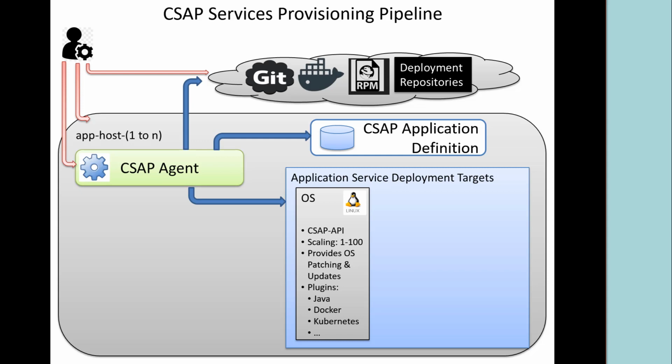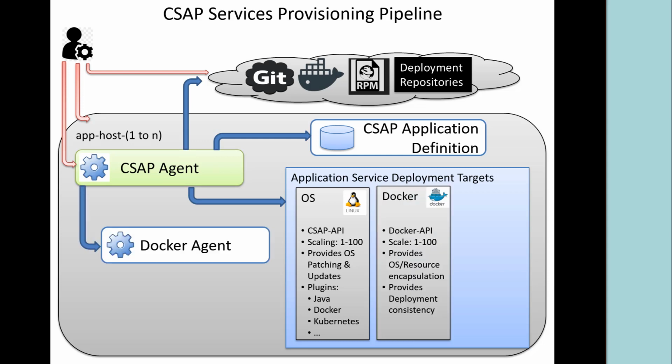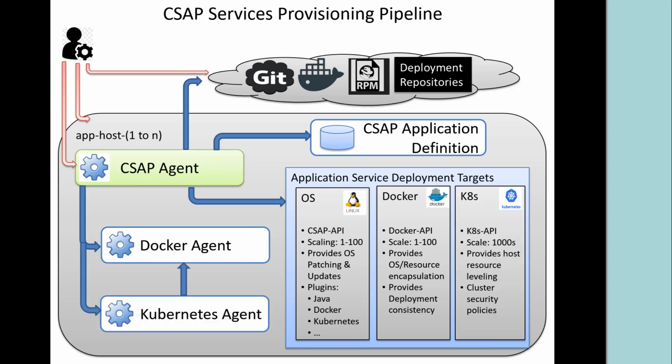When the agent starts up, it may either create the default definition or connect to an existing Git to load the target definition. Using the definition, the CSAP agent then will deploy all services associated with the host. For Kubernetes services, deployments occur on the master only after the control plane and worker nodes have been started.